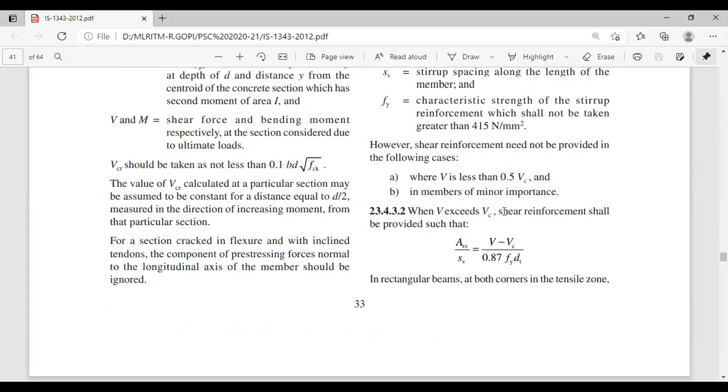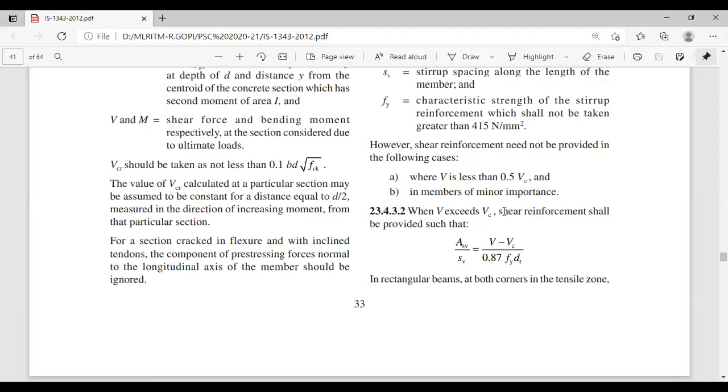Concrete already has some shear resistance, but due to the externally applied load, suppose the shear load is 100 kilonewton, but the shear resistance of the concrete is 75 kilonewton. Due to the external live load and dead load the shear load is 100 kilonewton, but the actual shear resistance of the concrete is 75 kilonewton, so the structure will fail in shear.